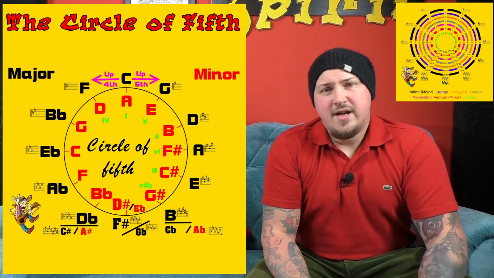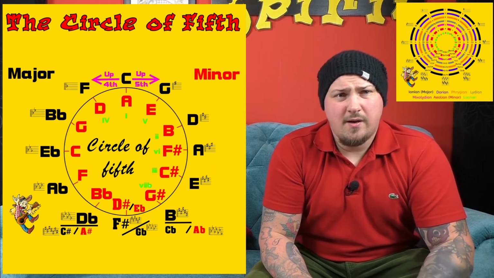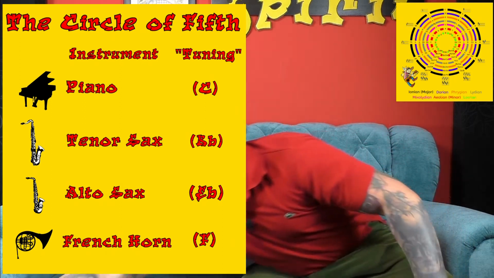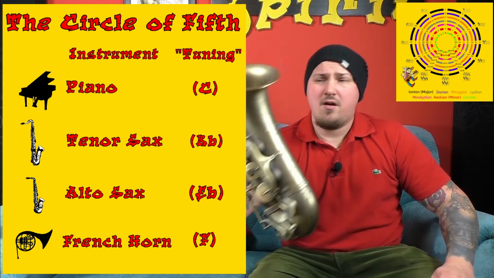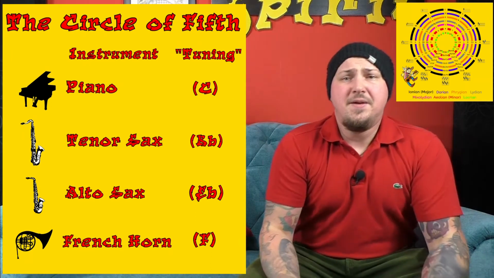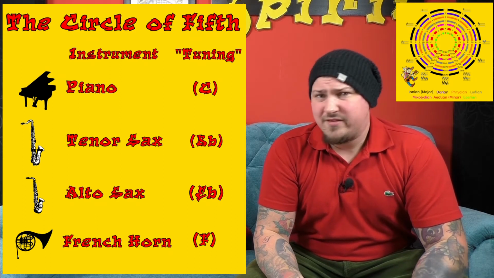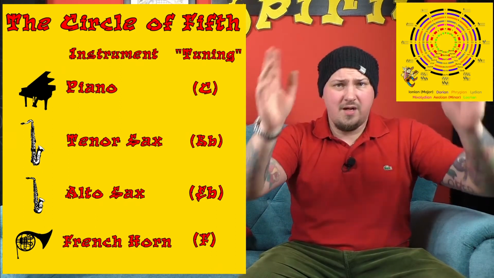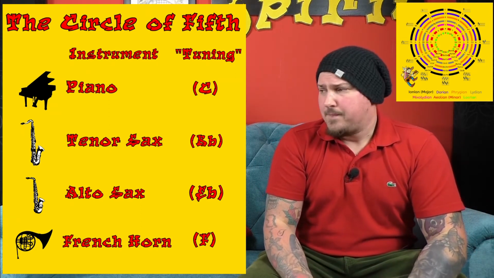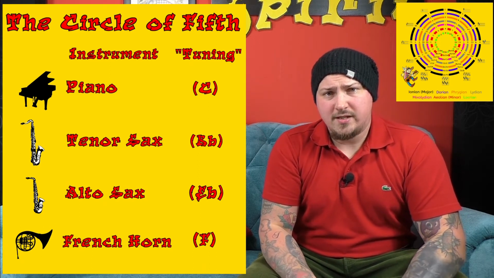I like it. The next cool thing of the circle is it can support musicians with transposing instruments, like the saxophone or the trumpet or clarinet or whatever, because you have to transpose the complete lead sheet to another key, because you have a transposing instrument.